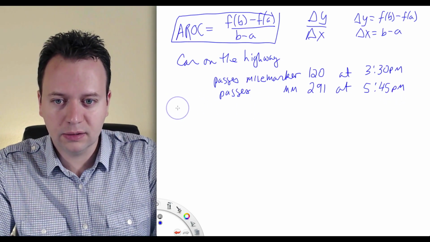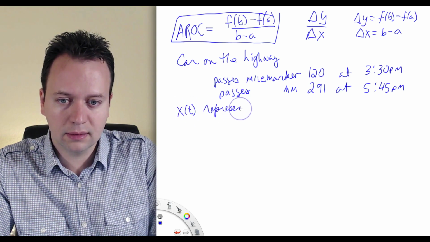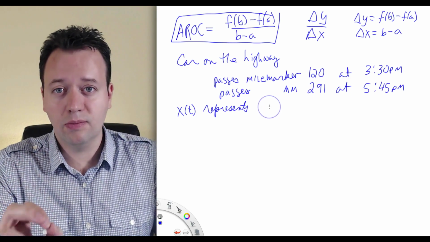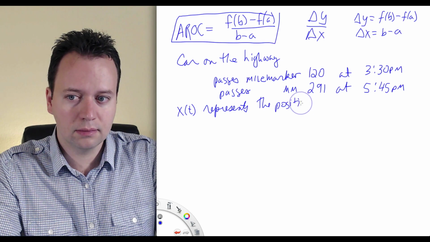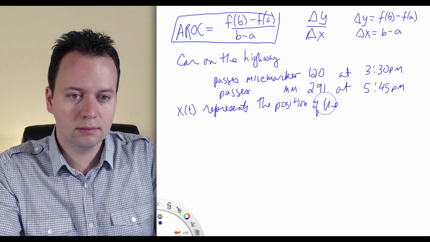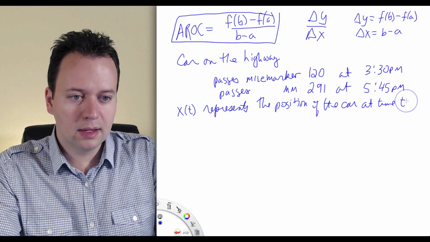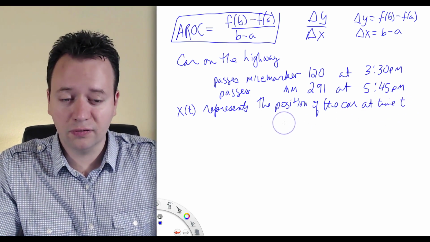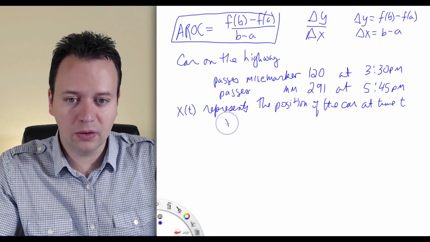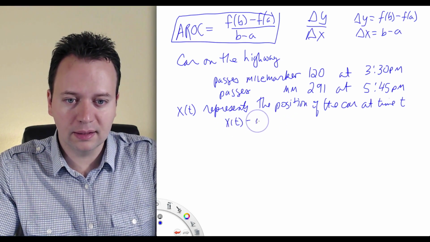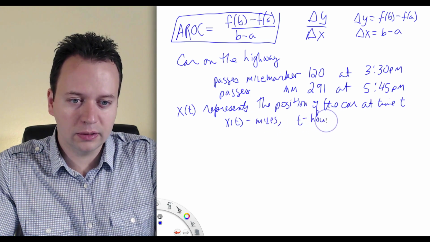So let's say x of t represents basically the position of the car at time t. So it's a position, and we should specify it's a position in miles, and then time t in hours. So x of t is in miles, and t is in hours.